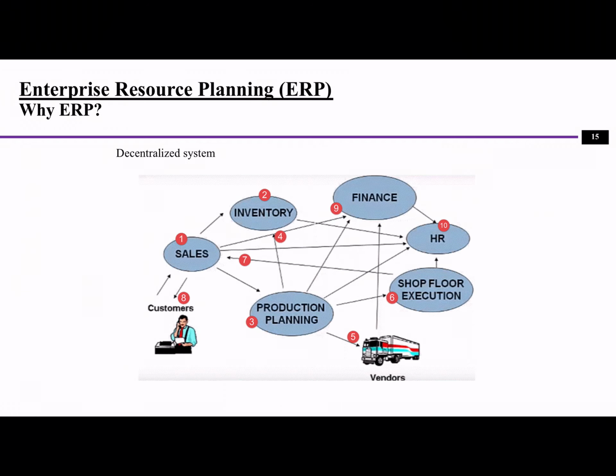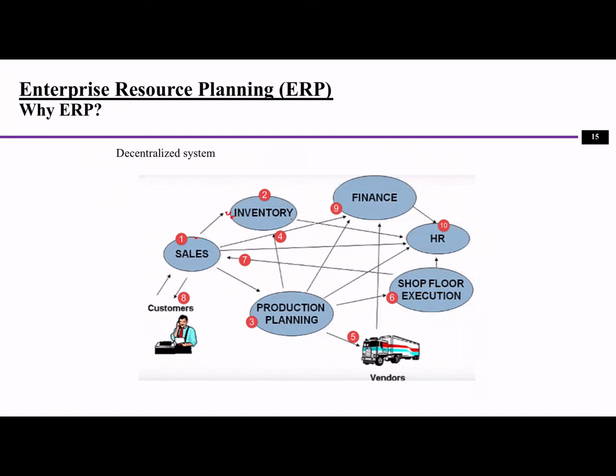So why do we need ERP, right? ERP is a centralized system. A centralized system is compared with a decentralized system. A decentralized system means information is transferred only between the functions, right? For example, sales is going to communicate with inventory. Say, hey, I need so many of these kinds of parts. Do you have those?